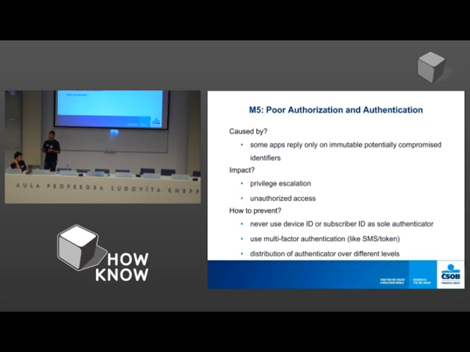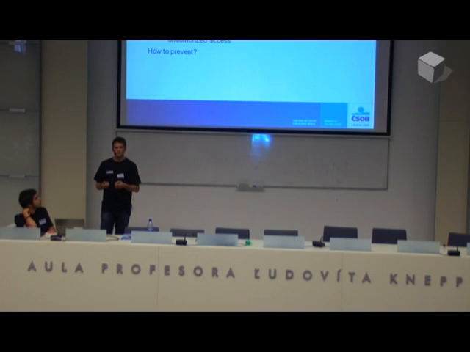Some mobile applications, they even think, well, okay, I'm a mobile app. As an identifier, I can use the device ID. Each device has an ID, like a MAC address or whatever. I'm going to use this as an identifier in my application. Any idea what could be the problem with this?